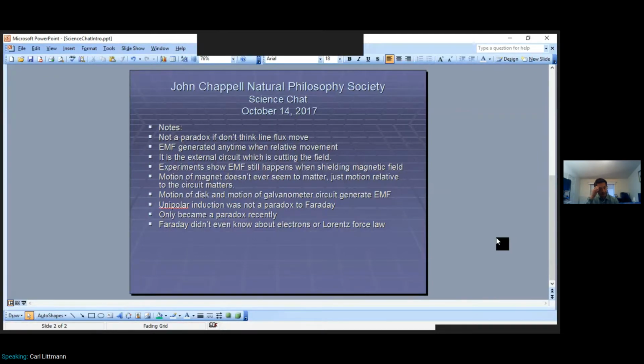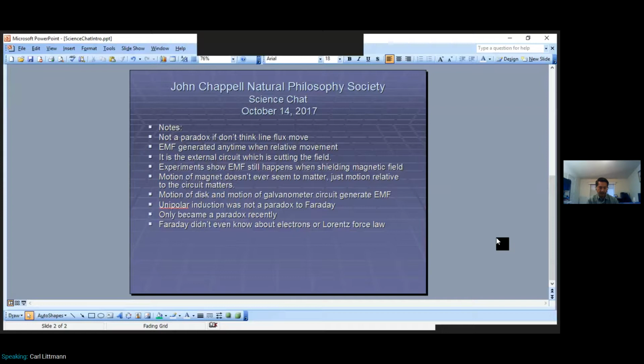But in fact, there could very well be some absolutism to this. If the electrons in the lower one are truly absolutely not moving, maybe there's no battery attached to it, then they won't start moving just because there's a steady flow on the upper one. In other words, if the upper ones are moving at 2 miles an hour and the one below is not moving at all regarding the electrons, there'll be no action.